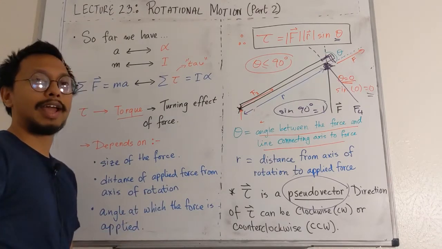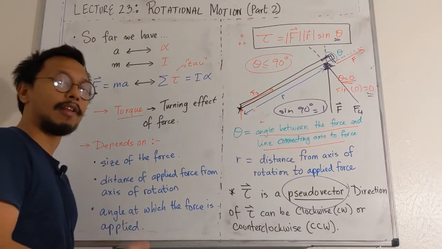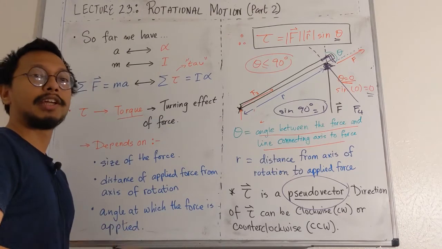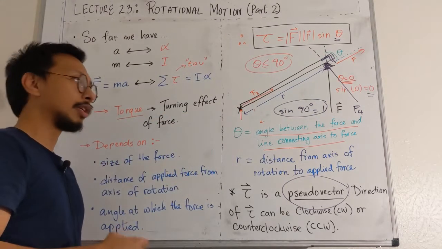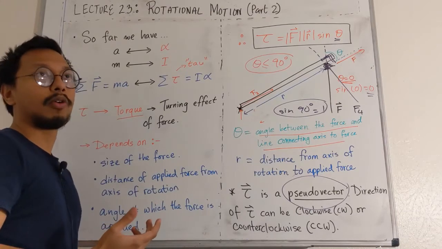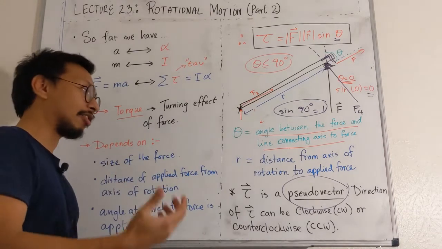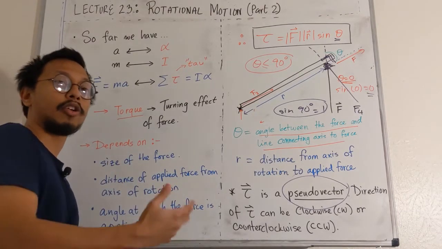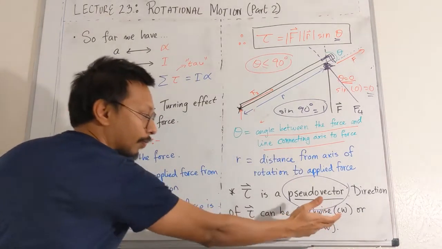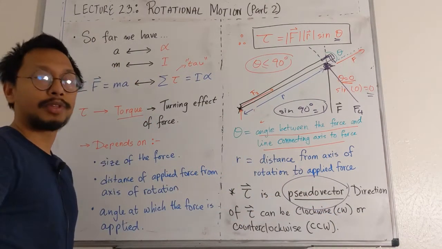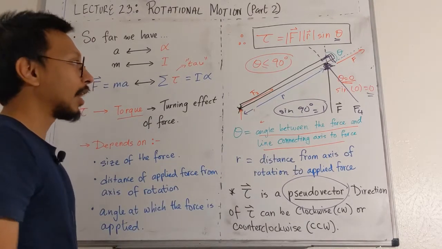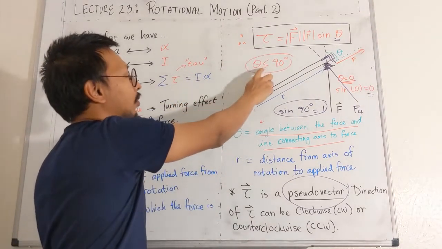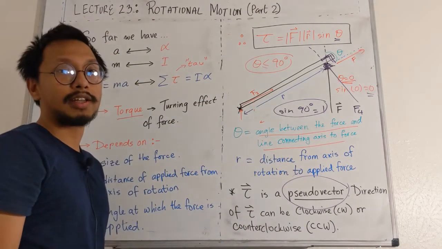But tau and angular quantities in general, like alpha, omega, theta, their direction is with respect to the rotational motion. So we can say that the torque or angular velocity, angular acceleration is in a clockwise direction, CW, or counterclockwise direction. So these are not vectors in the typical sense of the word, and so for tau, the maximum angle you can use is 90 degrees.